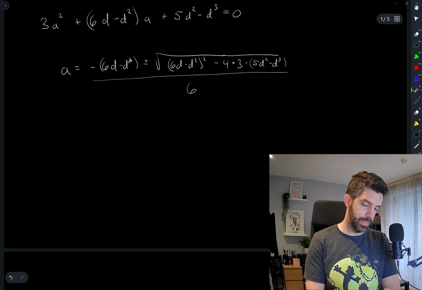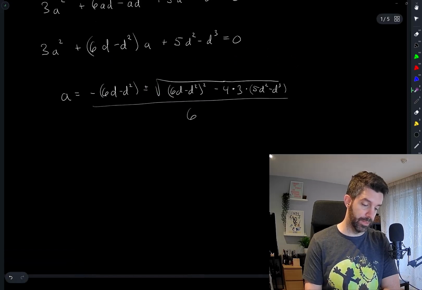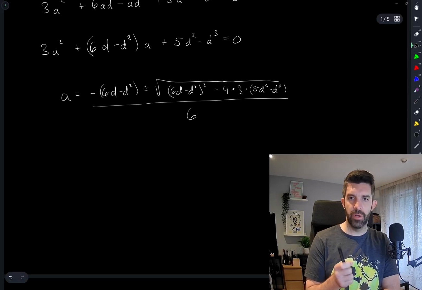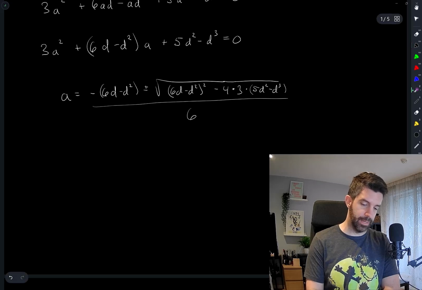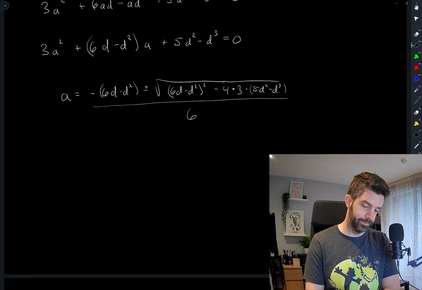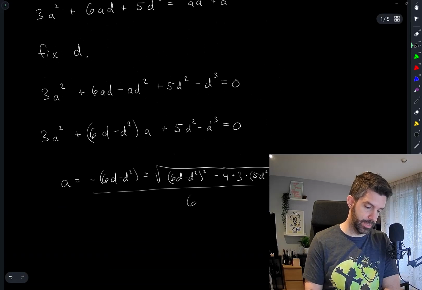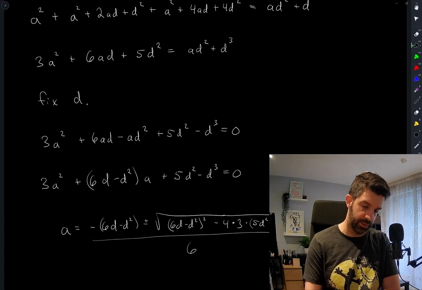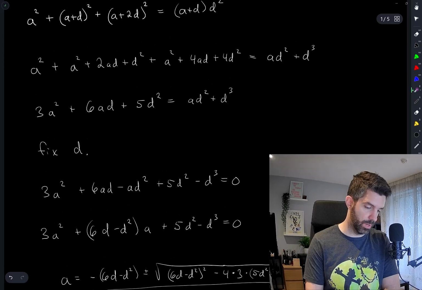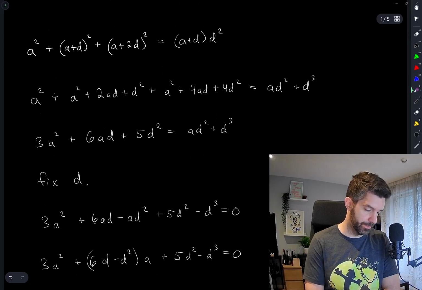And I also need that sum and or difference to be divisible by 6. Wait, I don't need it to be positive, no. The number a doesn't need to be positive, but the number d needs to be positive. Okay, let's look at this discriminant. Let me make sure I did the simple algebra correctly here. I don't want to carry a mistake through.